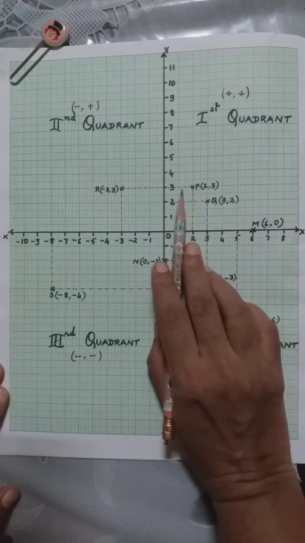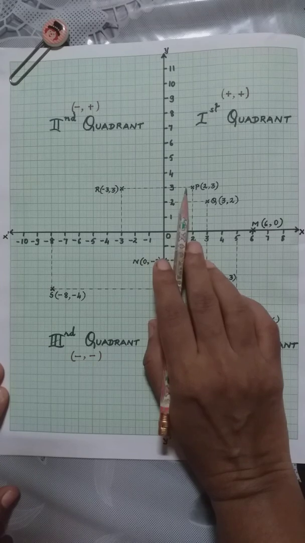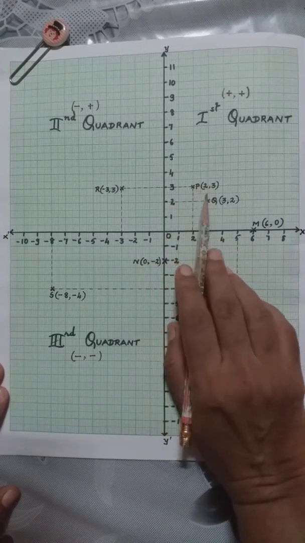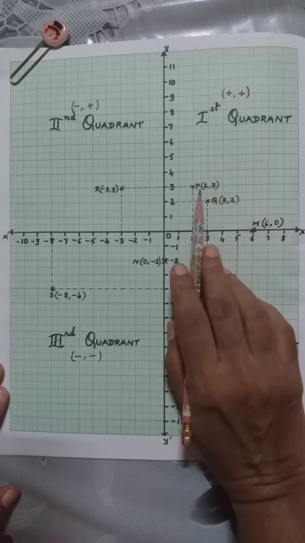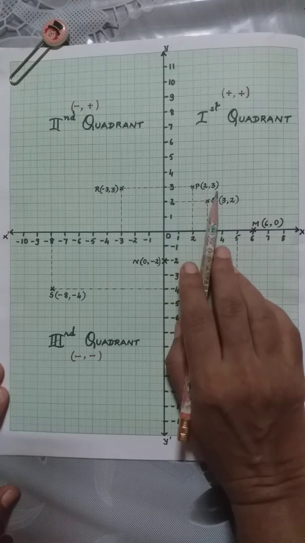And from P, if I draw a horizontal line to the y-axis, it meets the y-axis at 3. Therefore, you will see here in brackets the coordinates of P are (2, 3).